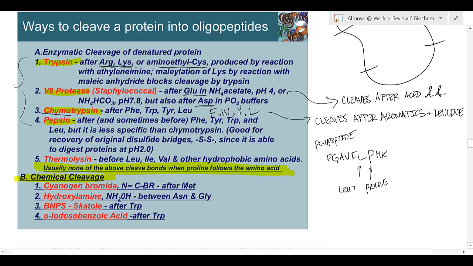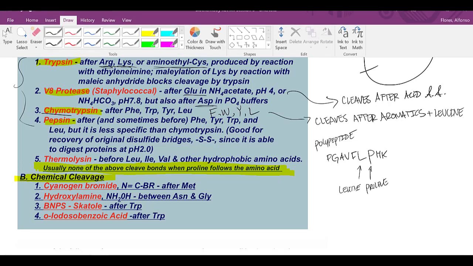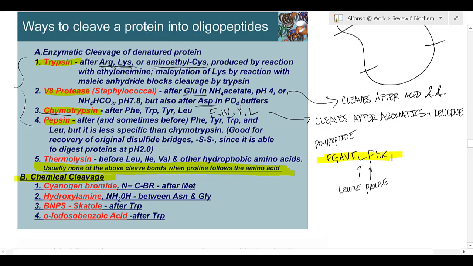Does that make sense? Are there any questions about that? Sure. So this right here is our polypeptide sequence, and let's say that we were to digest it with chymotrypsin. After what amino acids does chymotrypsin cleave?